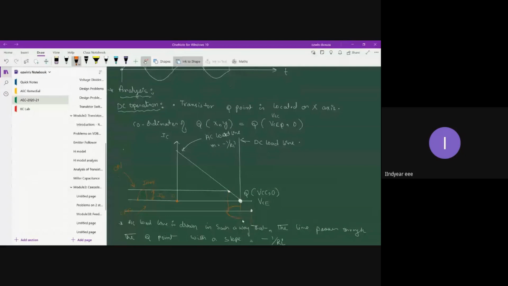That's the reason I have drawn it in dotted lines. So this is my output voltage. If you measure from this line to this line, you will get the value Vm. So the maximum value of the current signal is Im, and the maximum value of the voltage signal is Vm.